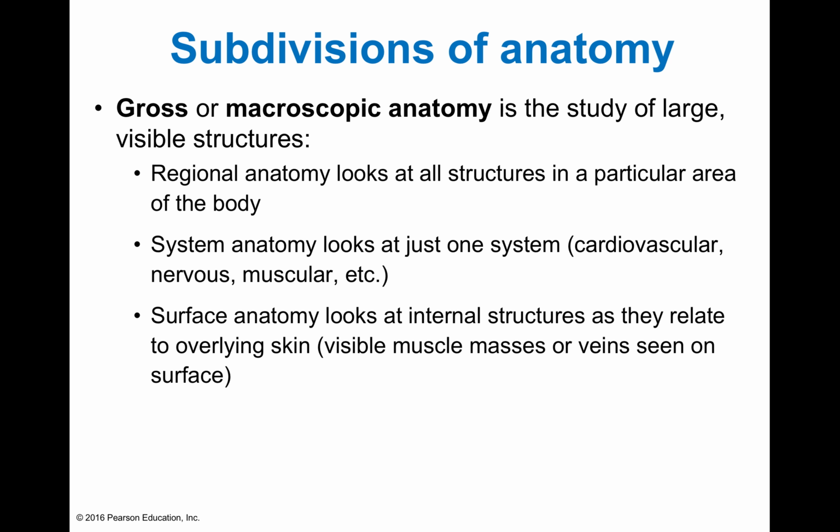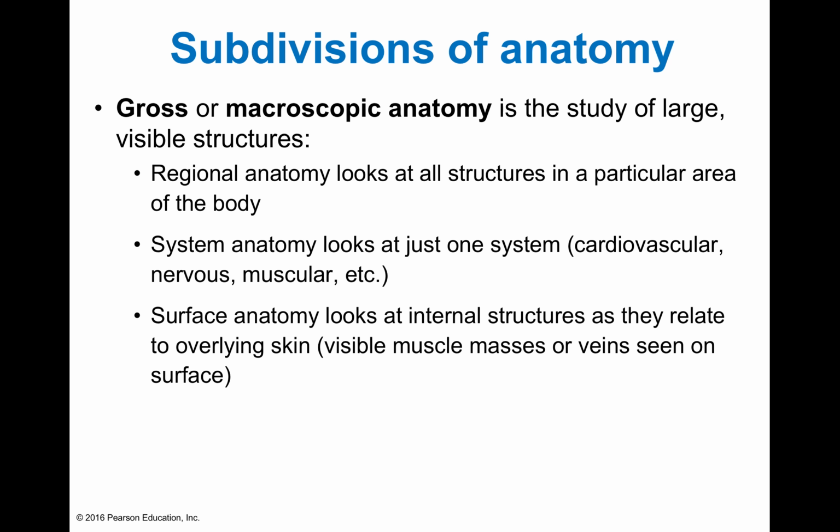So typically, when you are performing some sort of dissection, whether it be cadaver, cat, or fetal pig, the structures that are going to be visible to you, like your heart, blood vessels, lungs, kidneys, intestines, all of these are visible with the naked eye and considered to be macroscopic.